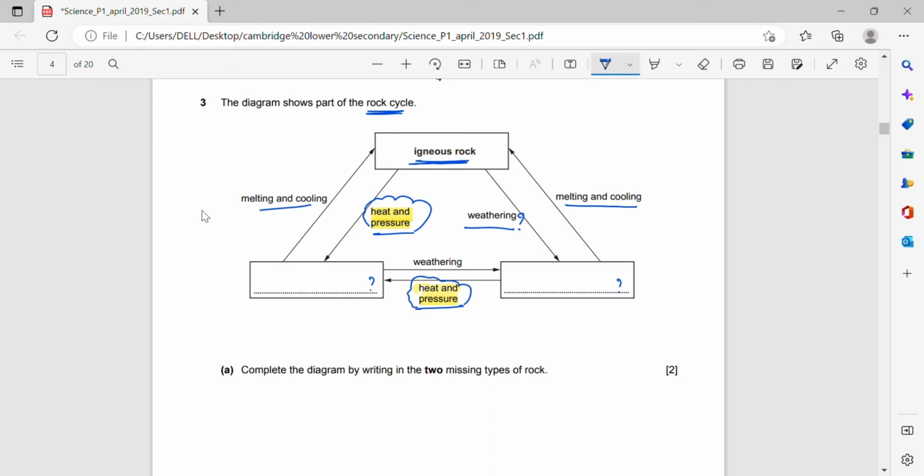Great. اللي عندي metamorphic rock. طيب عندي metamorphic والigneous. Okay. Which rock gives the igneous rock after melting and cooling? Great. The sedimentary. The sedimentary rock.